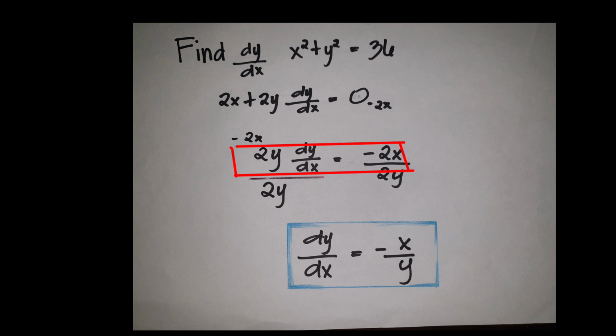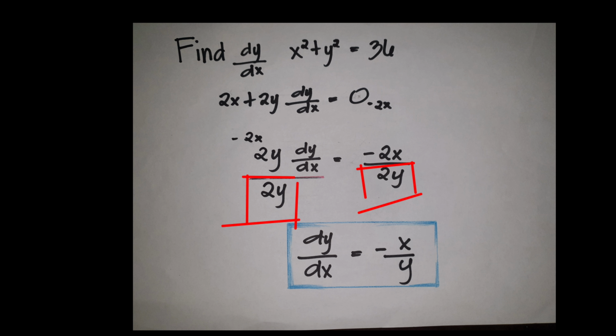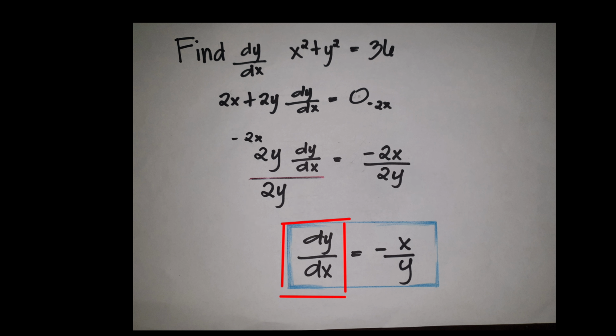In order to get dy dx alone on the left-hand side, we have to divide both sides by 2y, and those cancel. We're left with just dy dx on the left-hand side, which is what we wanted.